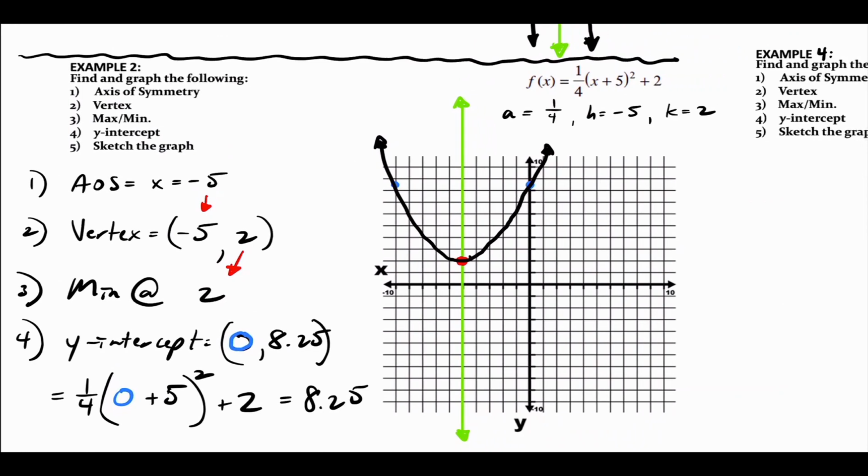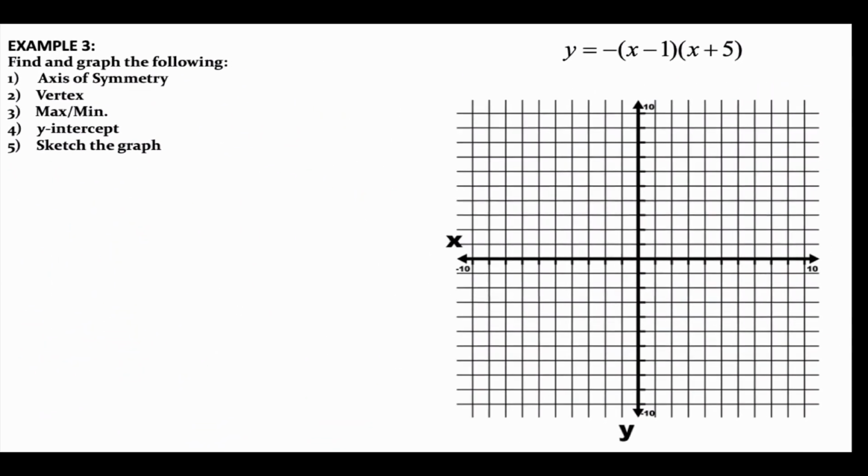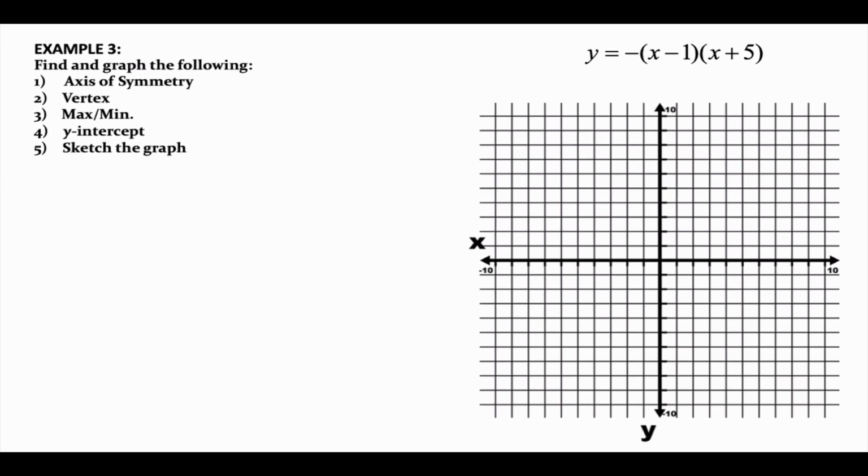All right. Okay, so now let's go to the other form. Factored form. Number 3. It's got 2 parentheses. So it's going to be factored form.